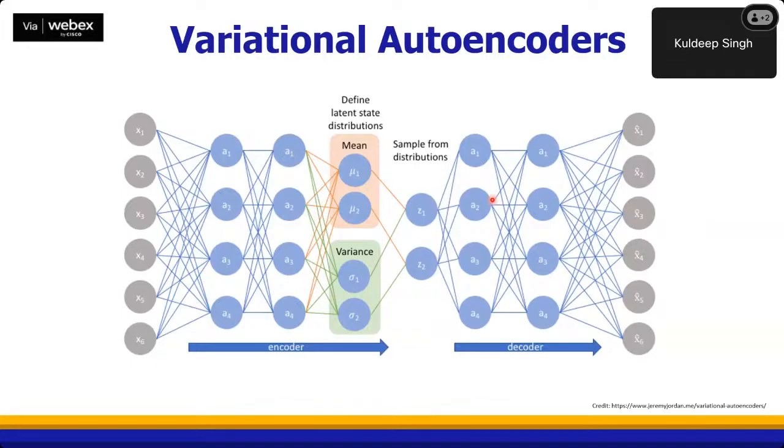For each dimension of the latent space, the encoder will give you mean and variance. You can see here you have mu1, mu2, or maybe mu n. Similarly, sigma 1, sigma 2, and sigma n. So for each dimension in the latent space, the encoder will give you mean and variance.